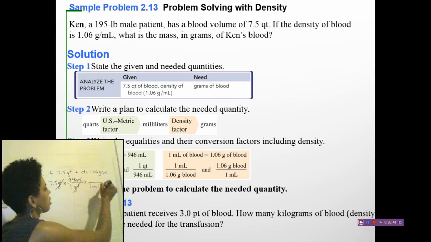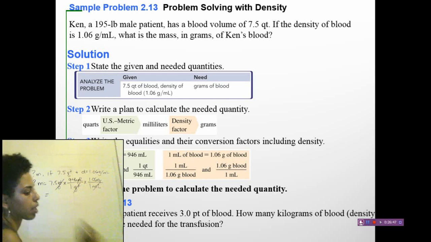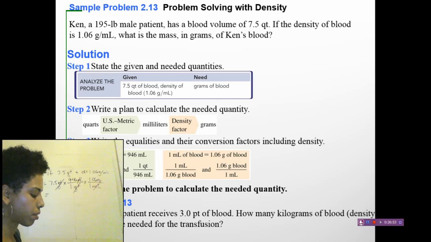So 1 milliliter per 1.06 grams cancels out our milliliters, and let's put this in the calculator: 7.5 times 9.46 times 1.06. Oops, no, not 9.46. 946 times 1.06.